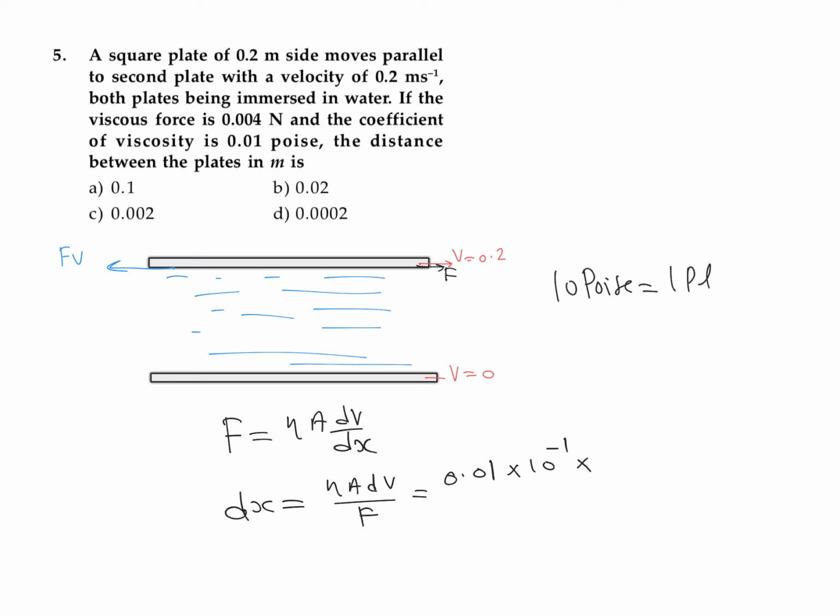Into the area, which is given as a square plate of 0.2 meter side. So area we can take as L square, which is 0.2 into 0.2, which is 0.04, into dV, that is the difference in velocity. We'll assume that this layer is at rest and this is moving with a velocity which is given as 0.2. So the difference in velocity between layers we can take as 0.2, divided by the force, which is given as 0.04.